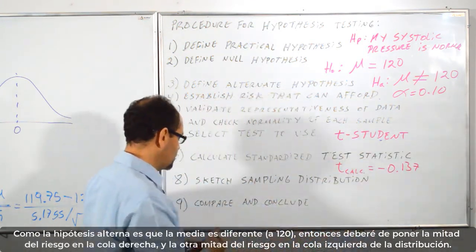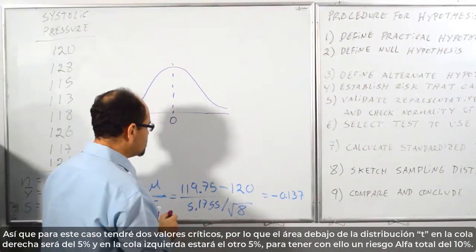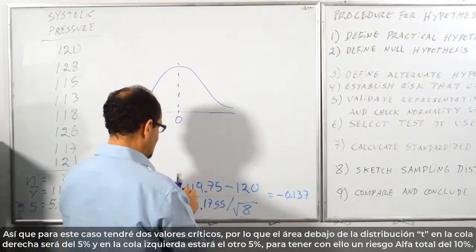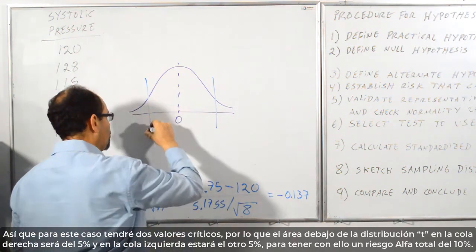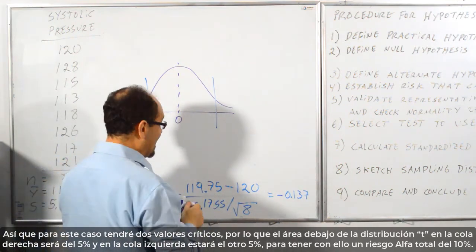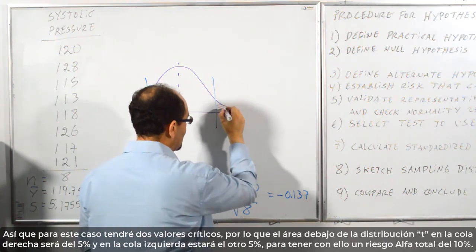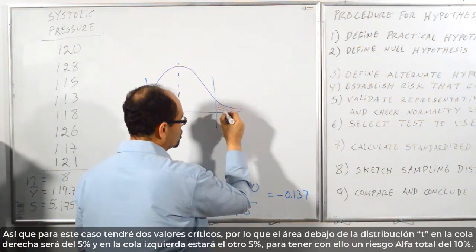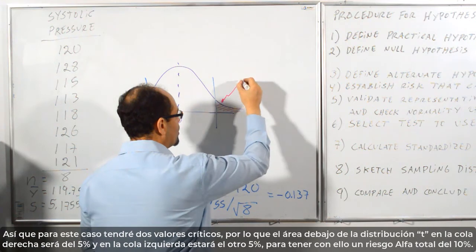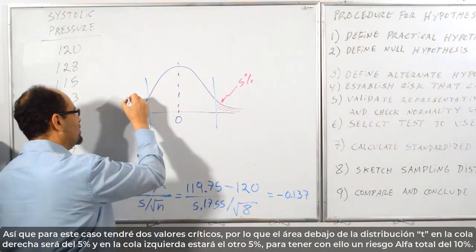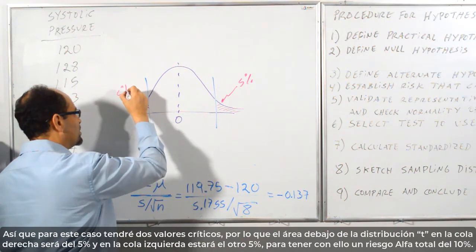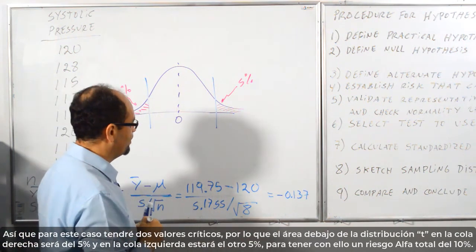So here I have to define another critical value, and the area below the t distribution here will be 5%, and the area here also will be 5%, to get the 10% alpha risk.